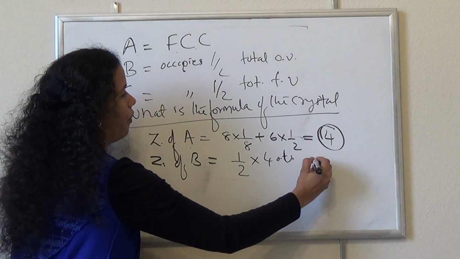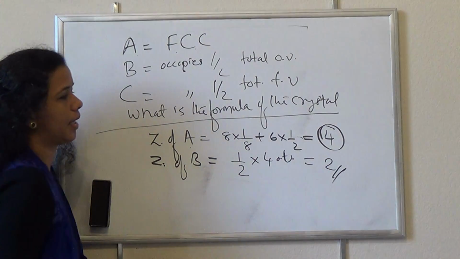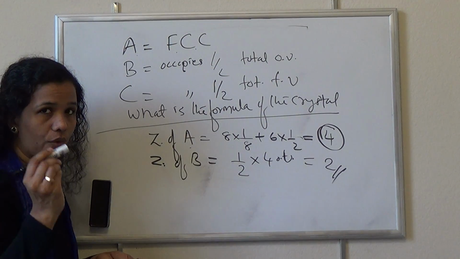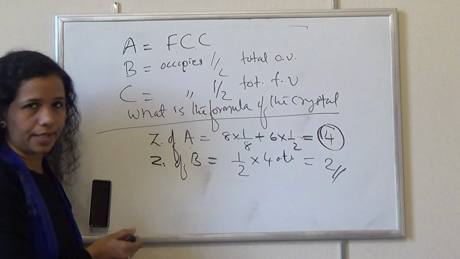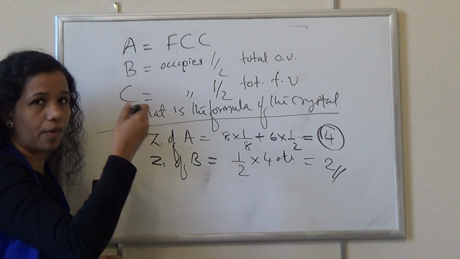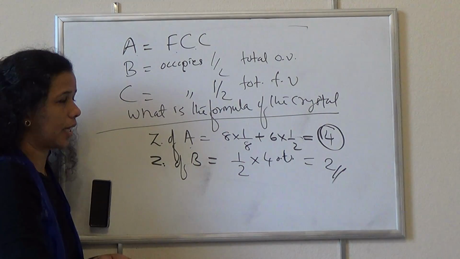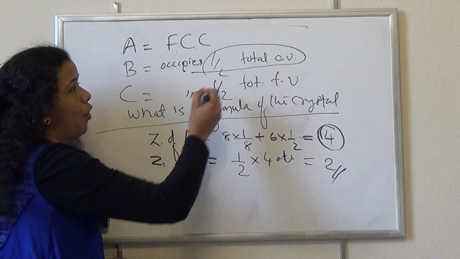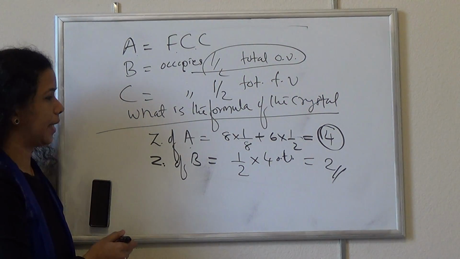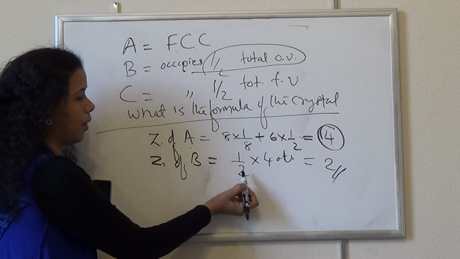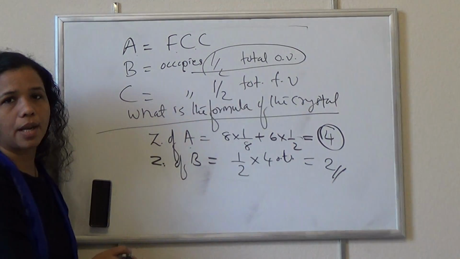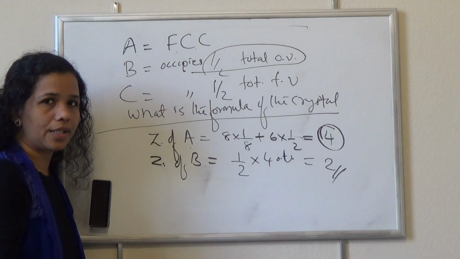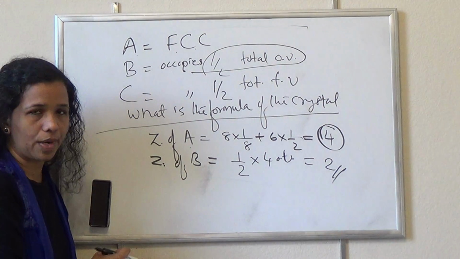So the number of B atoms in those voids will be 2. Per atom there will be 1 octahedral void and 2 tetrahedral voids. Here half of the voids are occupied by B atoms. So the total void is 4, half is 2, so the effective number is 2. Atoms in the voids are not shared by other unit cells. We have to assume like that.